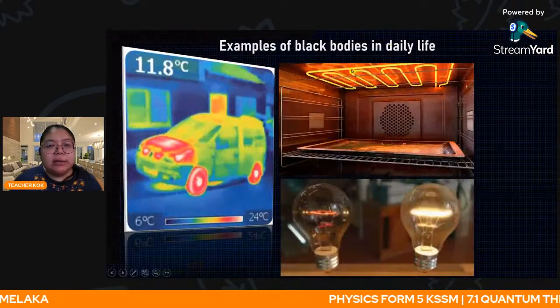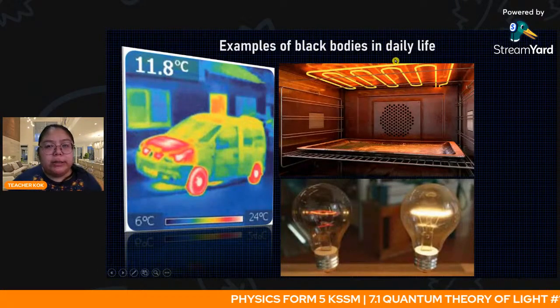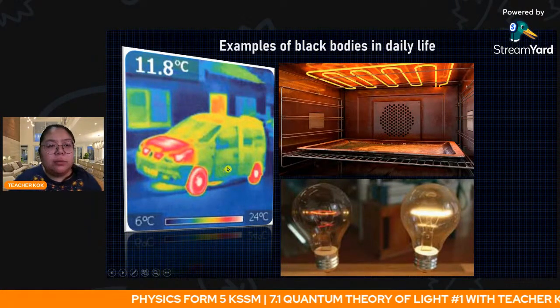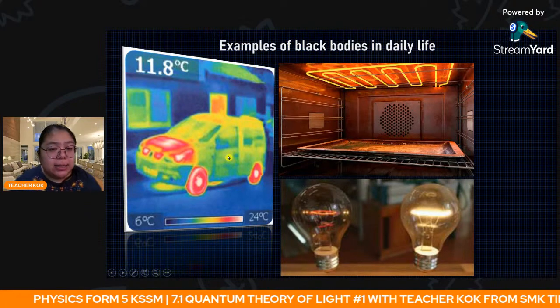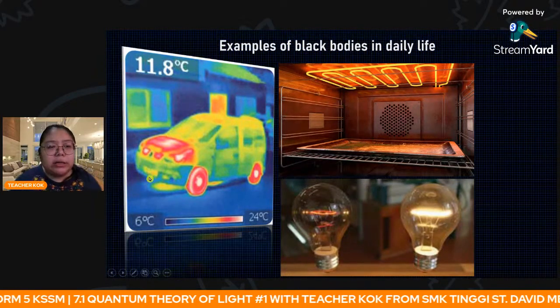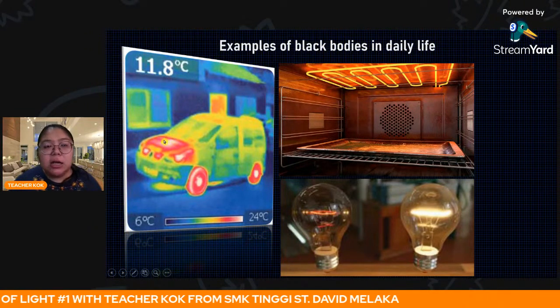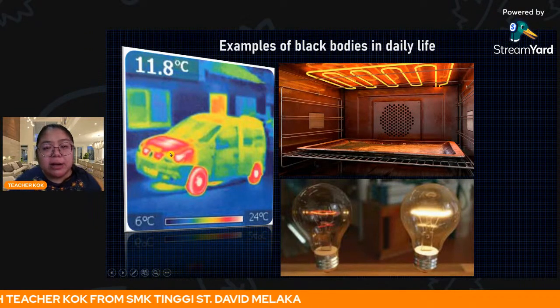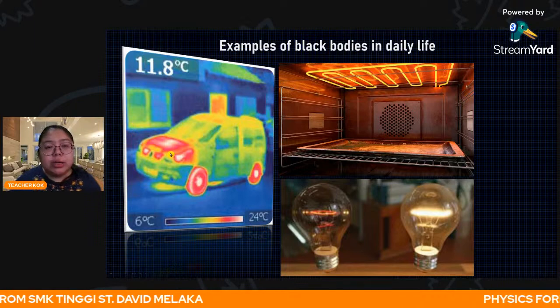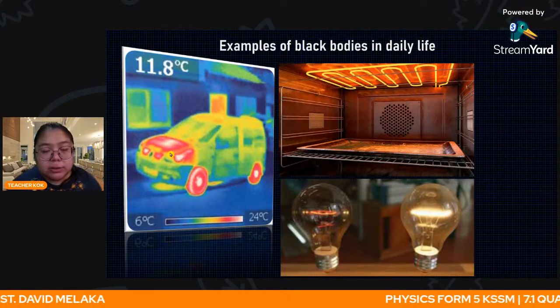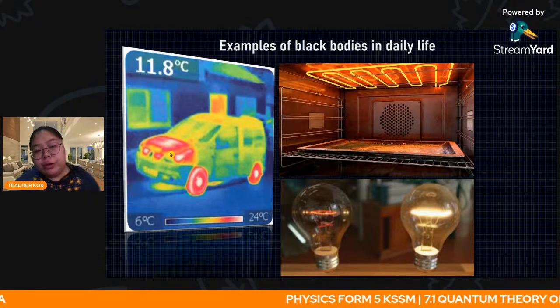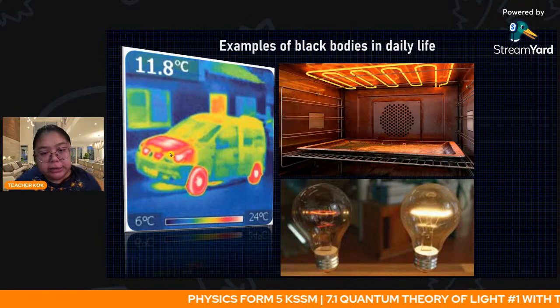Okay, you can see this one is an example of a black body in daily life. You might say the blue color should be the highest intensity, is it? Why does the front bonnet of the car show a red color? This one is a release. Just now was absorption, where they absorb all the radiation. After absorbing, they emit thermal radiation, remember?